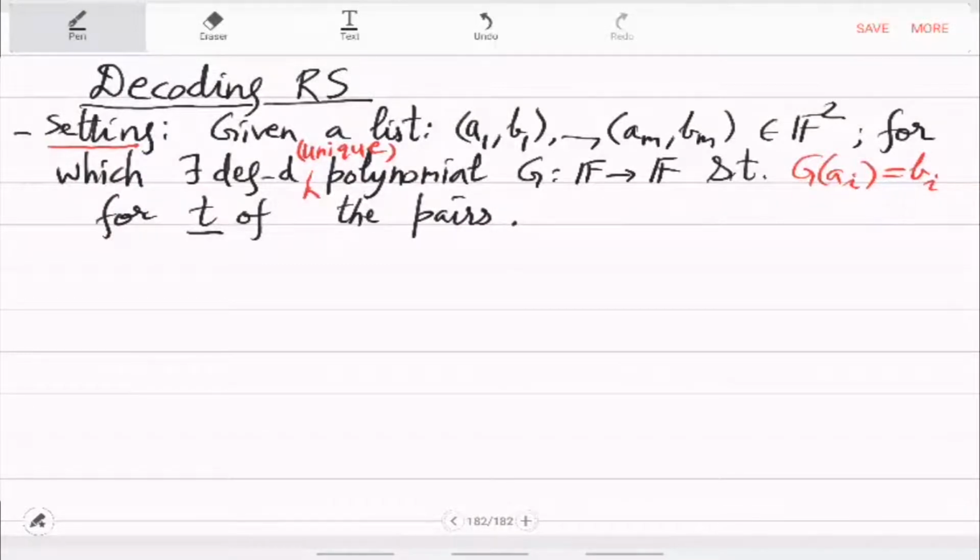So, it is not that g(ai) is equal to bi for all the pairs, for all i, right. That would be the case when there is no corruption that happened to the code word which was sent over the channel. So, obviously, in reality there will be corruption, maybe 22% of the pairs are corrupted. So, it is only the remaining 80% or 78% of the i's for which g(ai) is equal to bi, and from this you want to compute or find g.